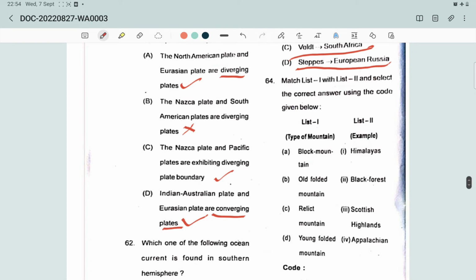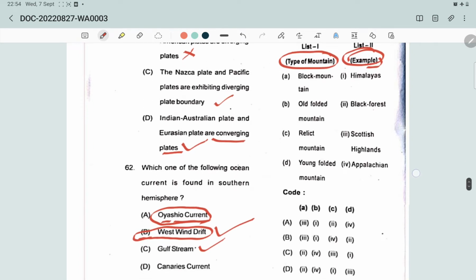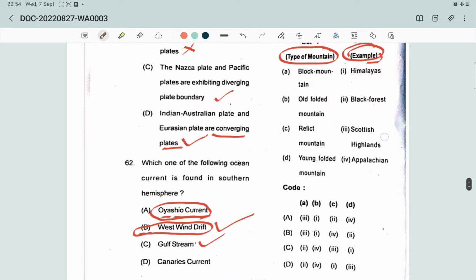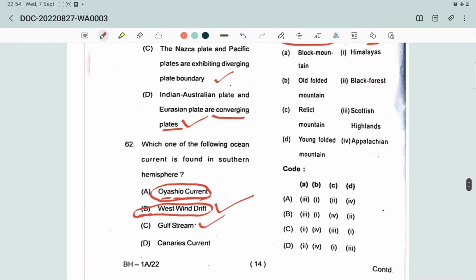Then question number 64. Match list 1 with list 2 and select the correct answer using the code given below. Here in list 1 are some types of mountains, and in list 2 there are some examples of the types of mountains. The Block Mountain example is the Black Forest.